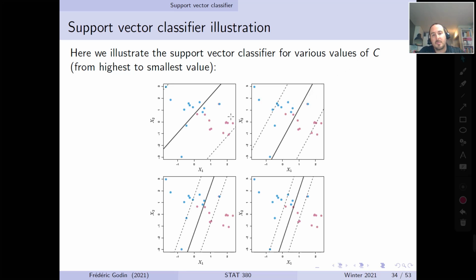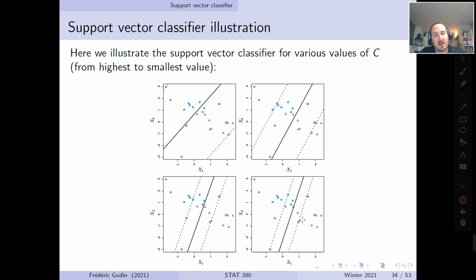So here, this is the same data set, and we see that if C is super large, then the margins are super large, and a lot of points lie within the margins on both sides. And as you reduce C, we can see that the margins become closer and closer to the optimal hyperplane. Of course, the hyperplane changes every time you change C, but the margins are tighter around the hyperplane, and as you shrink C, you have fewer and fewer observations violating the margin.